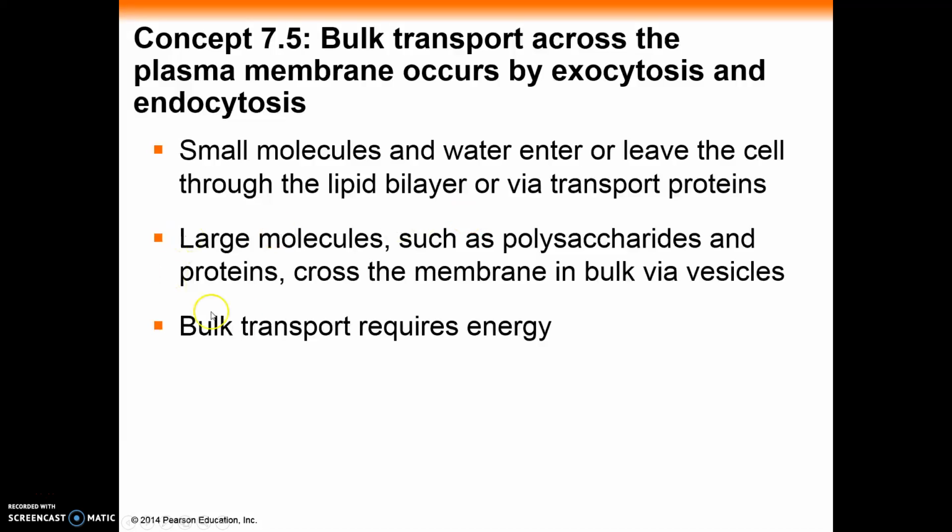We start getting bigger stuff, large biomolecules such as polysaccharides, bigger proteins. This requires more than a channel to fit through. You can't build a channel big enough without losing all your selective permeability. So here we have a bulk transport mechanism, and this is of course going to require energy.